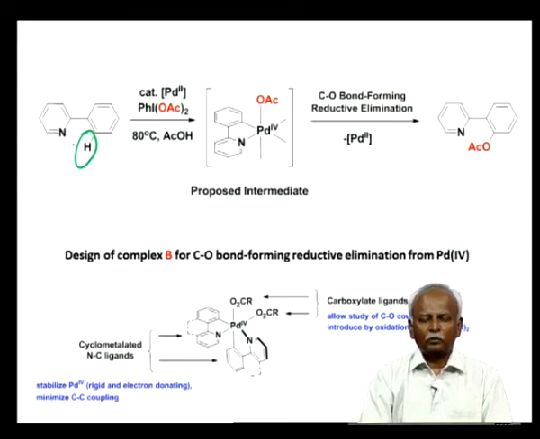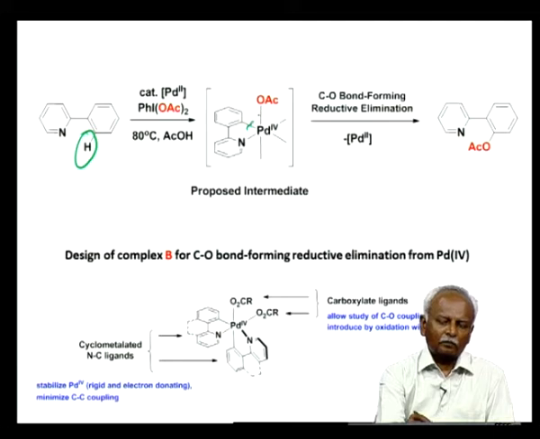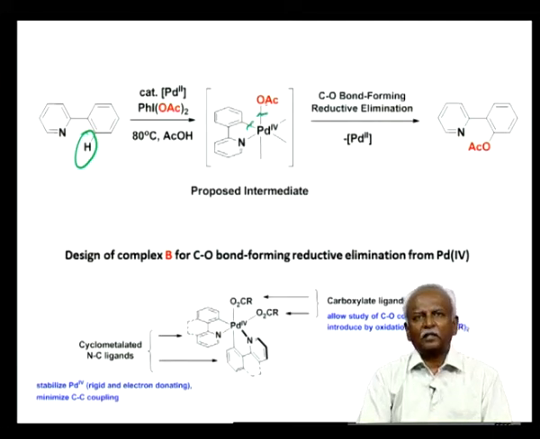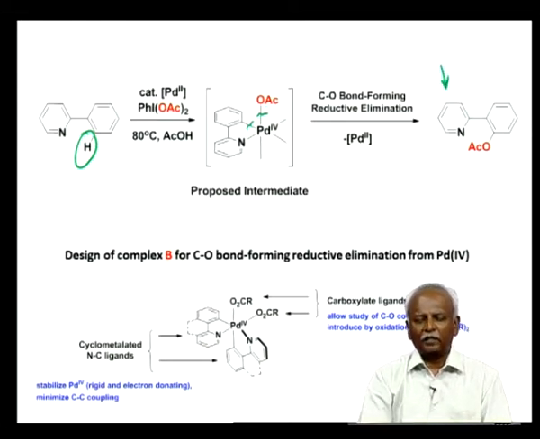So, this proposed intermediate can undergo reductive elimination. Again, the elimination happens in a cis fashion. So, these two bonds, marked in green, are broken, and an acetate aromatic ring bond is formed, and the product is the acetate functionalized aromatic phenylpyridine.